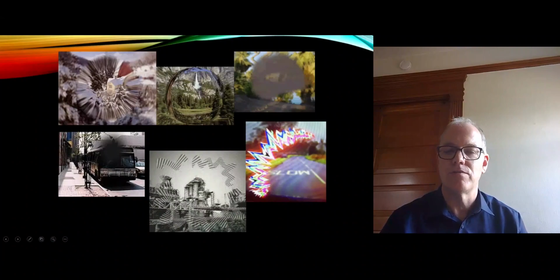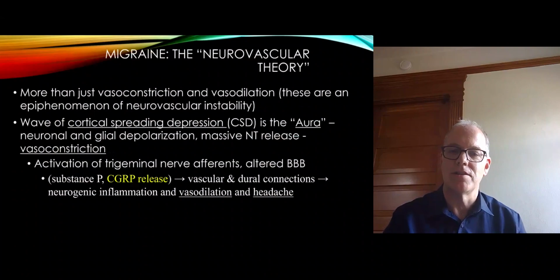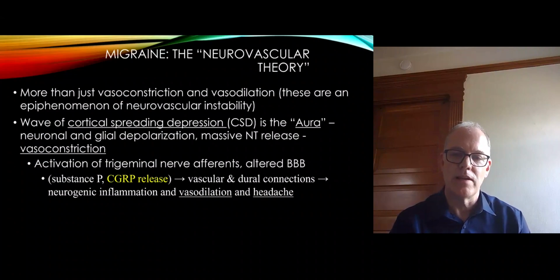So there's a whole bunch of variety, but what is it in the brain that is causing this? When I was a medical student, it was all about, well, either the blood vessels constrict or they dilate. The vasoconstriction is the aura, the vasodilation is the pain. We know now that any change in terms of constriction or dilation of blood vessels is merely an epiphenomenon of what is really going on, which is neurovascular instability.